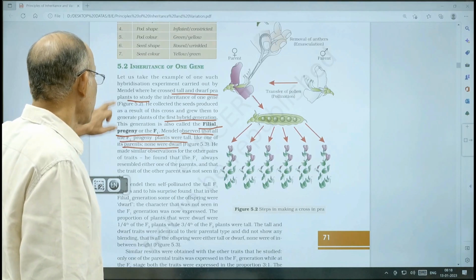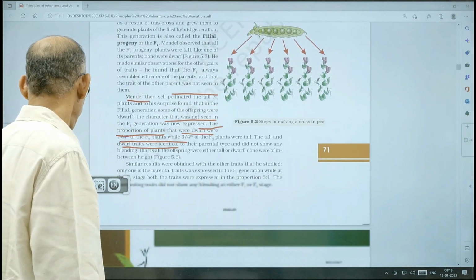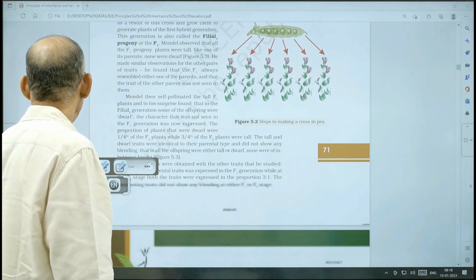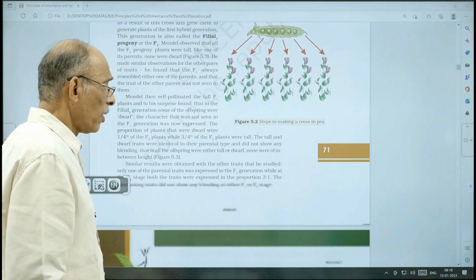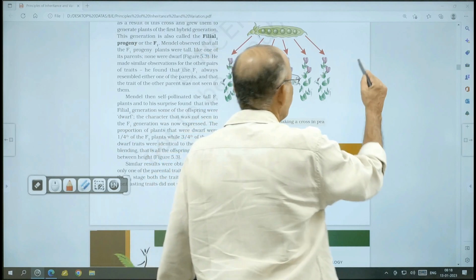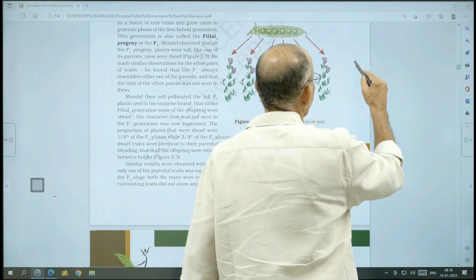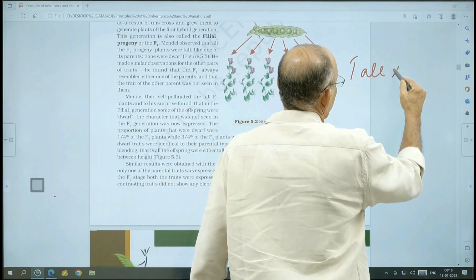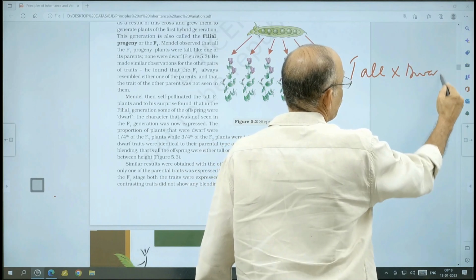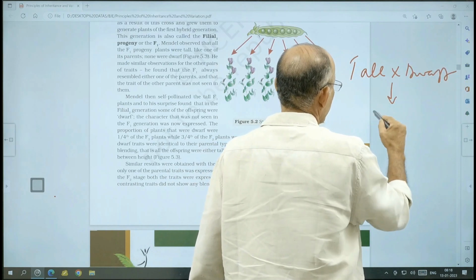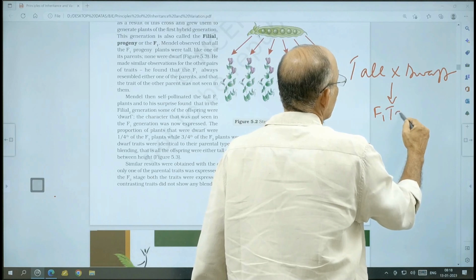That was the first cross, tall into dwarf, and in the F1, all plants were tall.